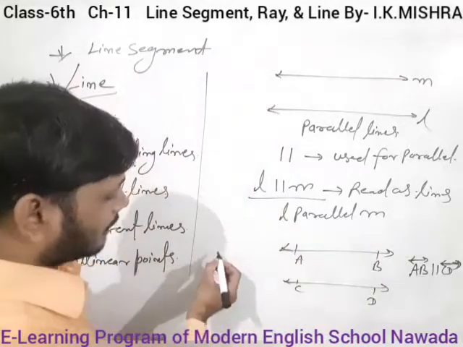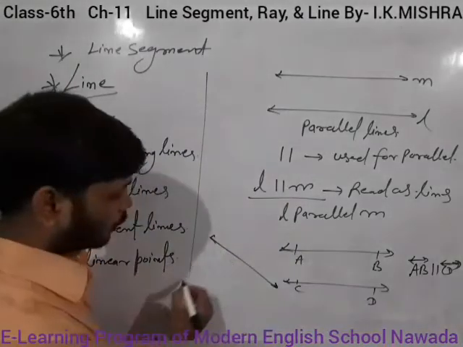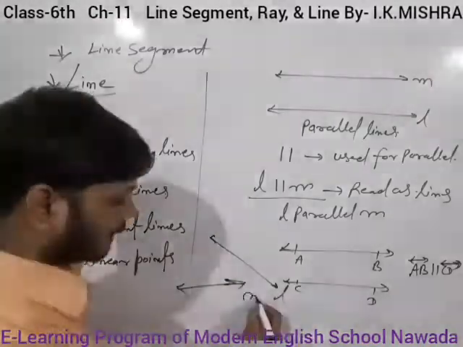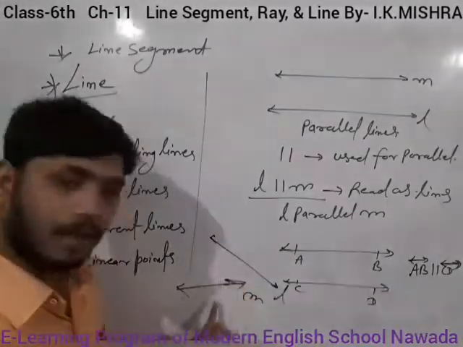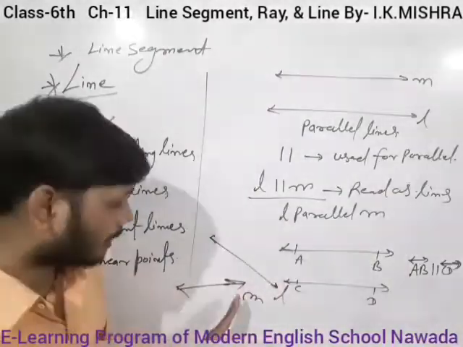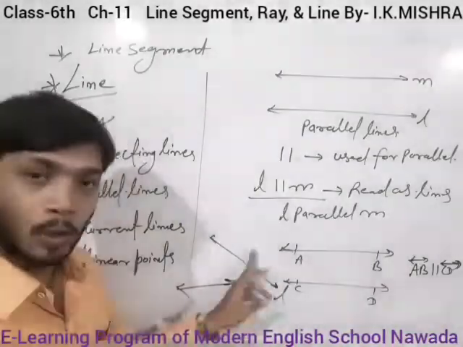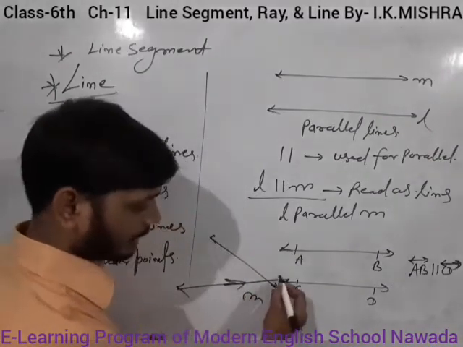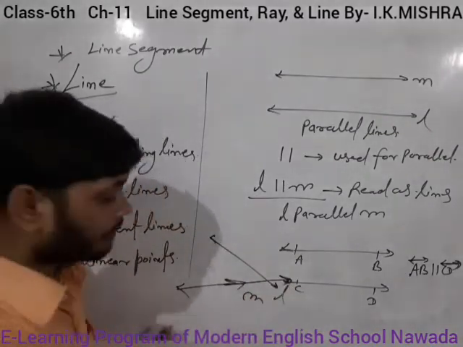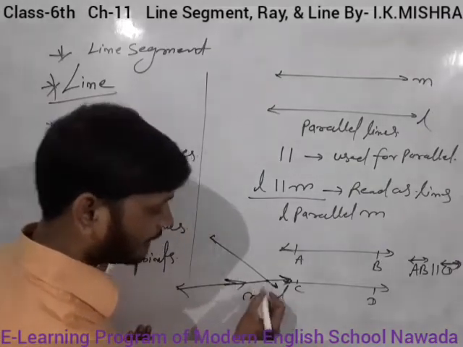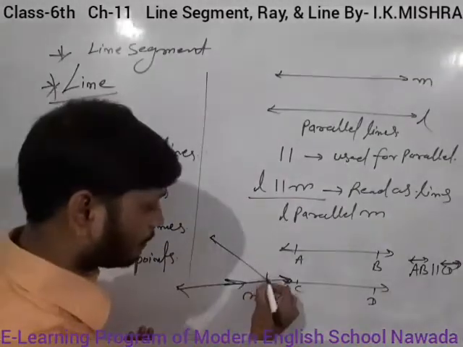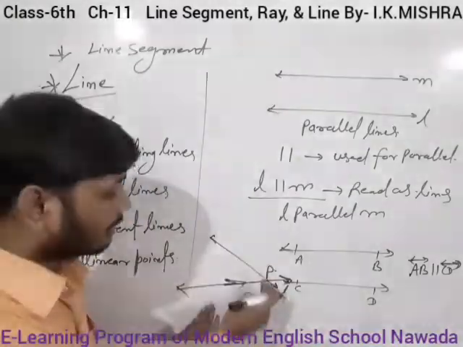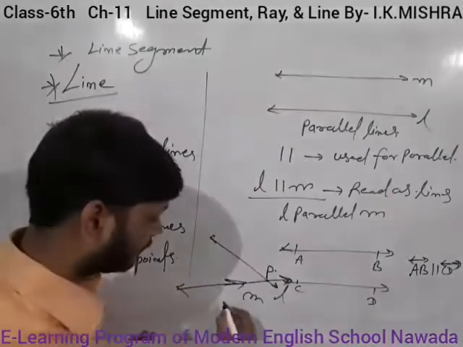Here I draw two lines, line L and line M. These lines do not have a common point here at this time, but when you extend them, because the arrow symbol means it can be extended in both directions, they will have a common point P. So it's not a parallel line, it's an intersecting line.